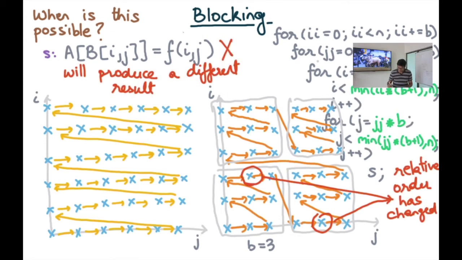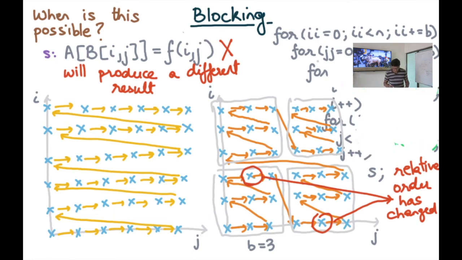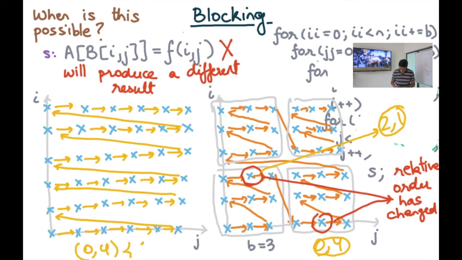It's easy to see if I look at any particular pair of points whose iteration order is changed. For example, this point here, which is 0, 4, and this point here, which is 2, 1. In my original order, 0, 4 executes before 2, 1.